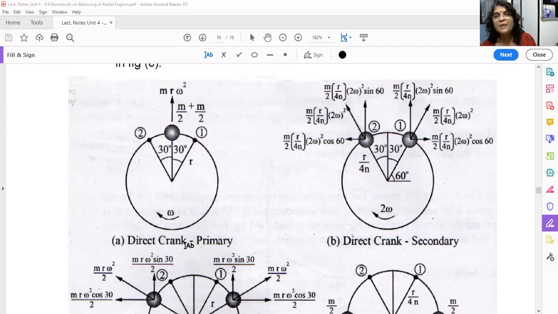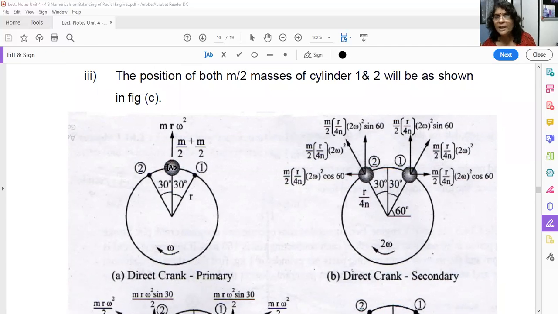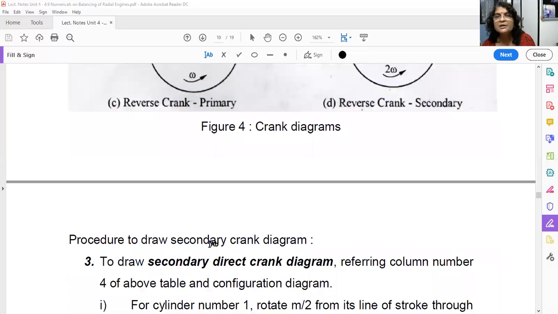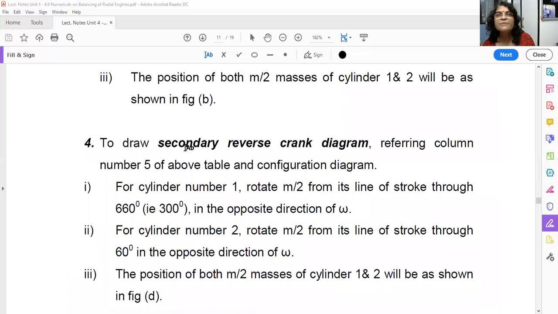So let us analyze primary direct crank. See, both the masses are gathered here. Okay. Now as this is primary unbalanced force, what is the magnitude? mr omega square. As there are two masses, it will be 2 into m by 2 r omega square. Okay. So let us find out.